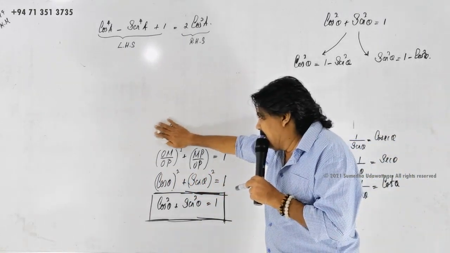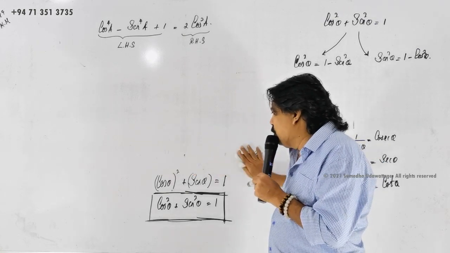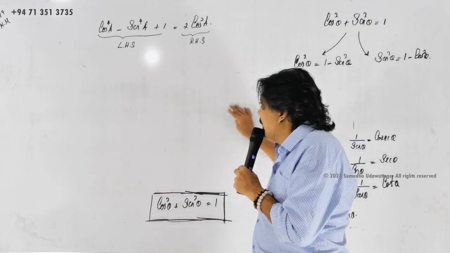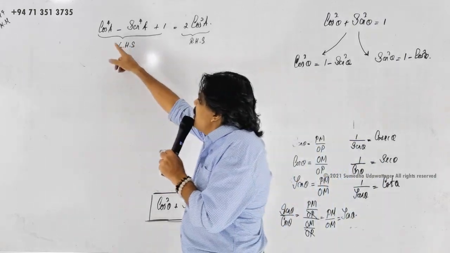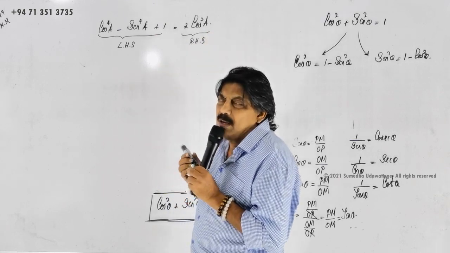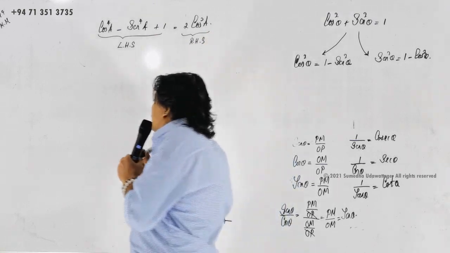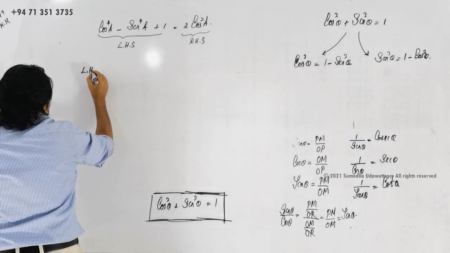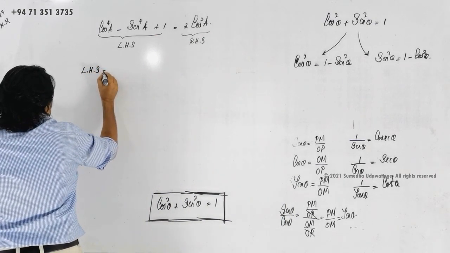Now, basically, what we do in questions is that we start from the longer expression and then simplify it to the smaller expression. We start from the left hand side.